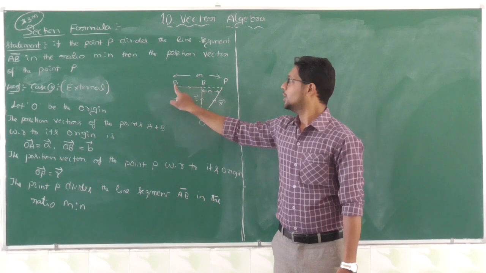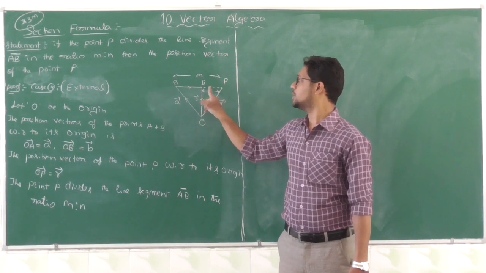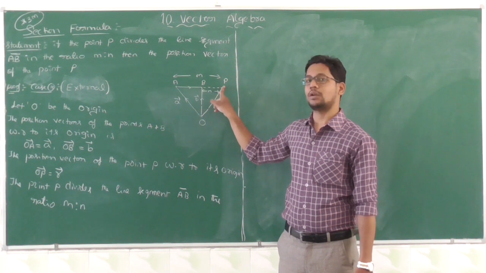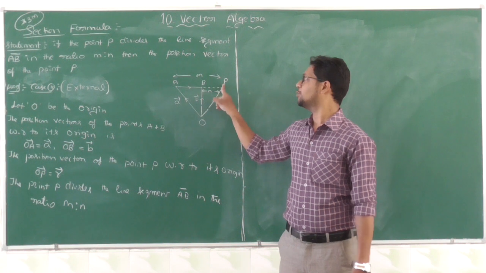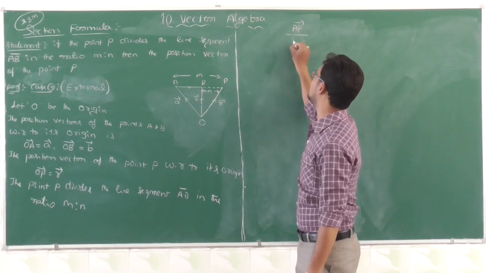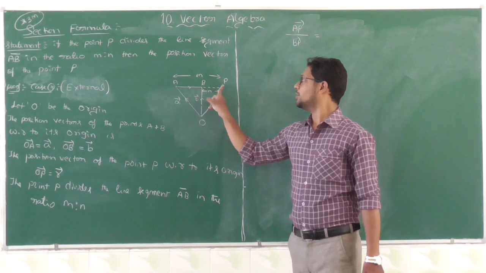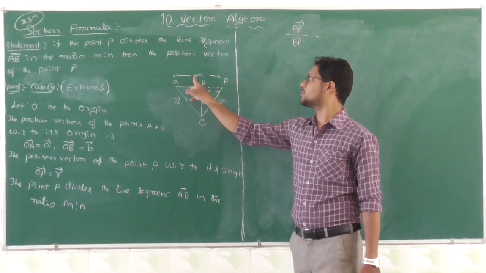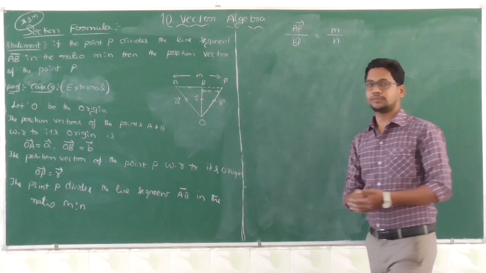So AP vector divided by BP vector equals m divided by n.